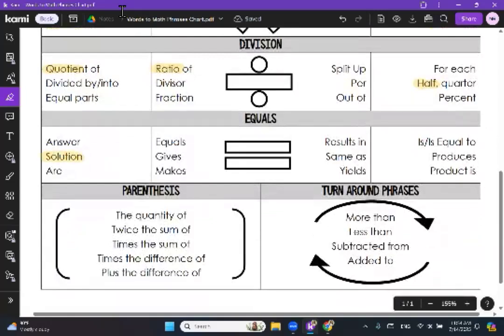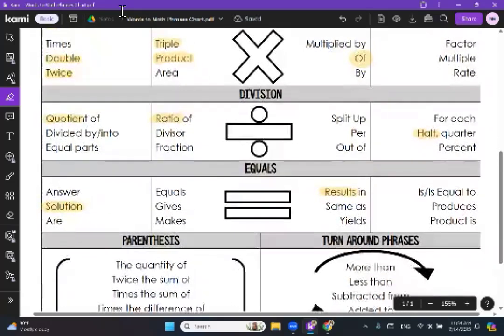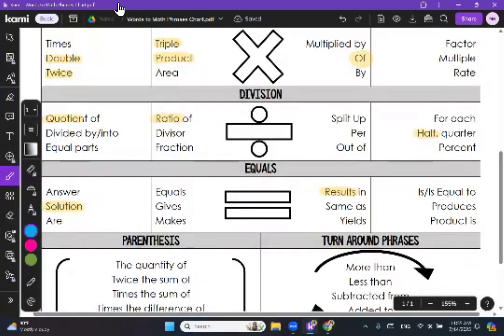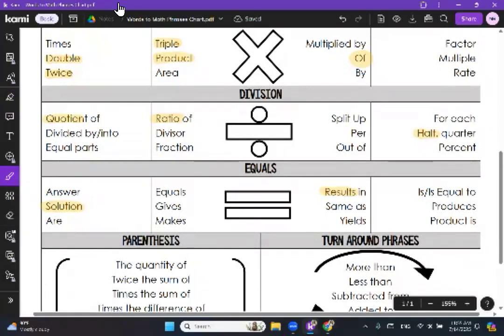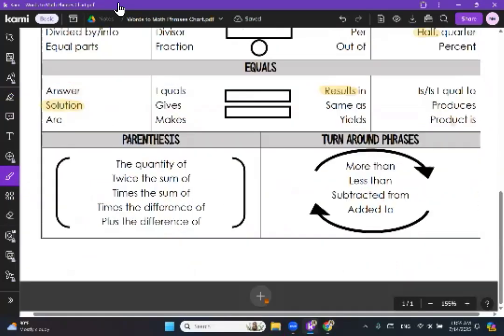Solution is another word for an answer. Result's probably an easy one. Now, produces is not the same as product. The product of two things would mean to multiply. If it produces something altogether, it produces a result. So if it's a result, we're talking about equals.